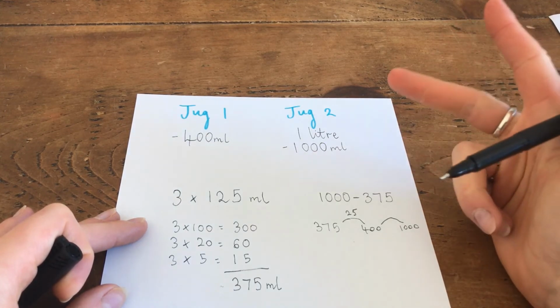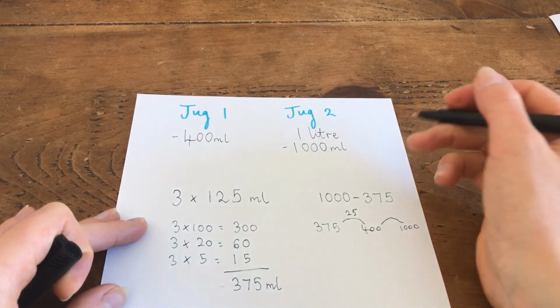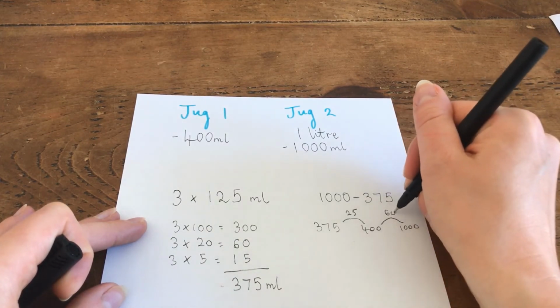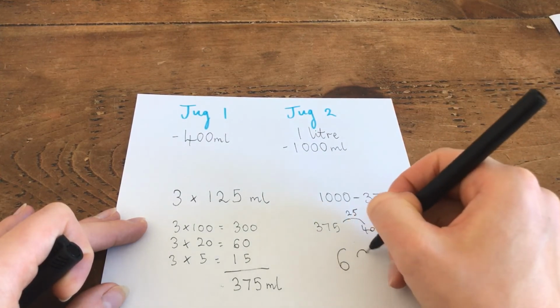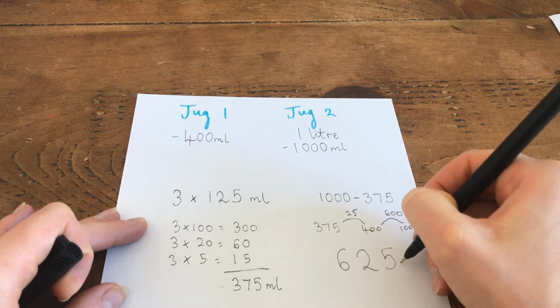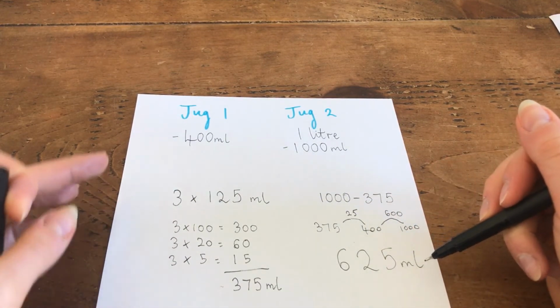Count in hundreds from 400. Pause if you need more time. It's 600 more. So altogether, 625 millilitres are left. Now, let's compare that to jug 1.